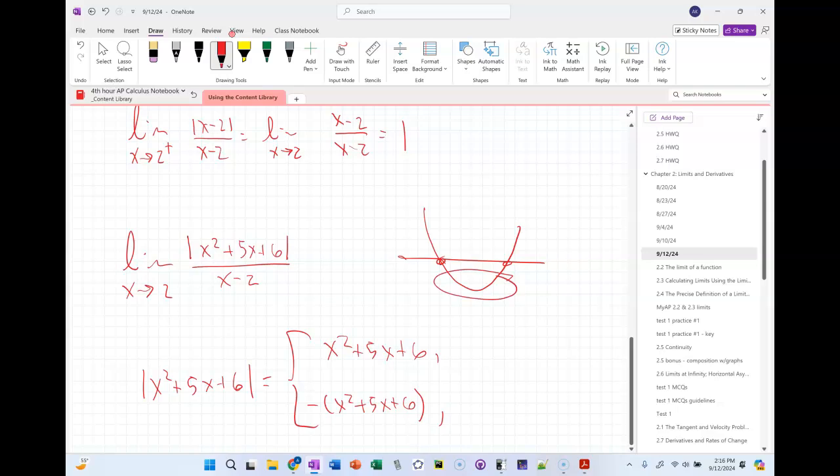Between negative 3 and negative 2. And then where is it positive? Well, everywhere else. Everybody's okay there?